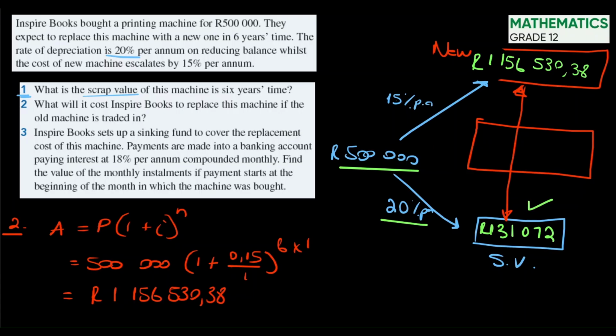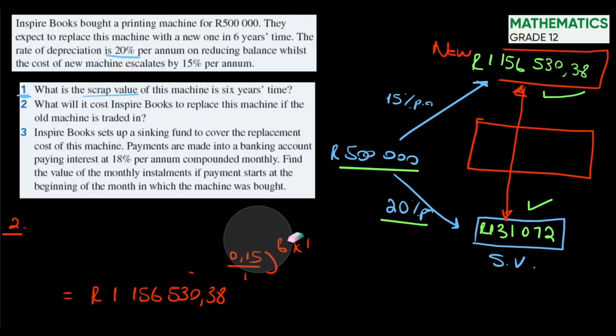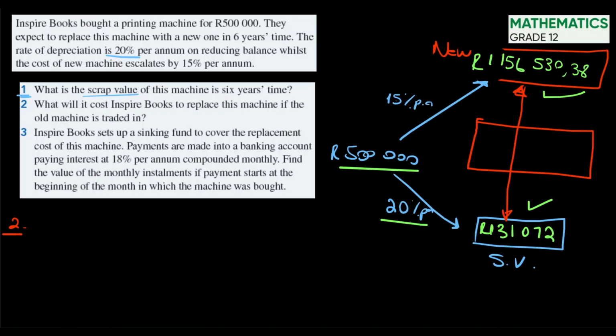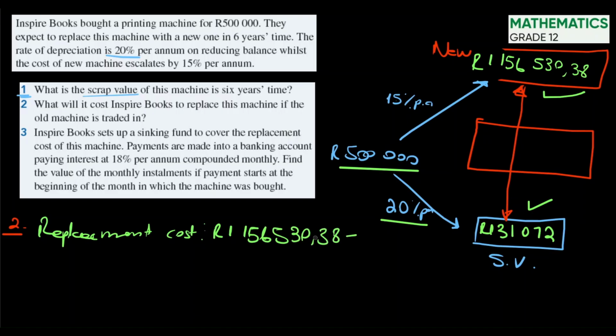Let's calculate the difference of that. So to calculate that scrap value, we're going to say the replacement cost is 1,156,530.38 minus 131,072.